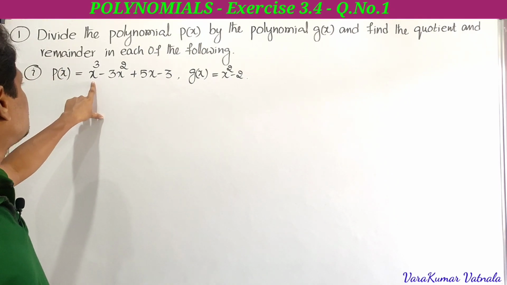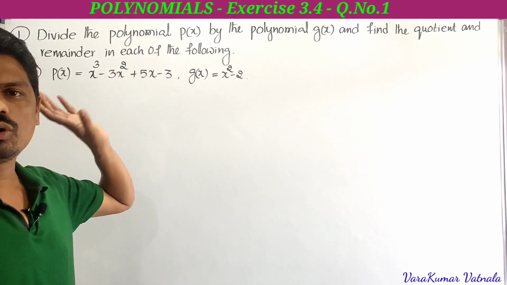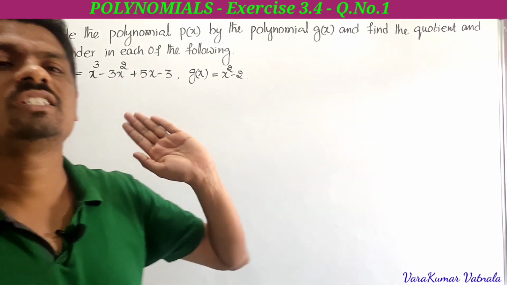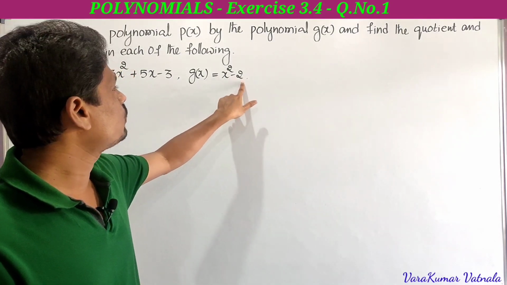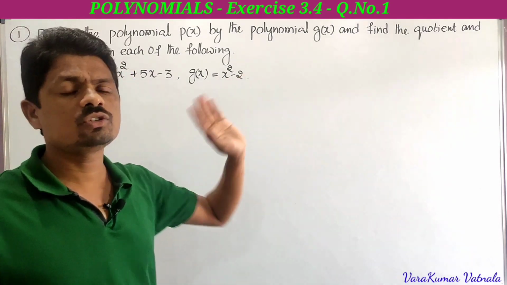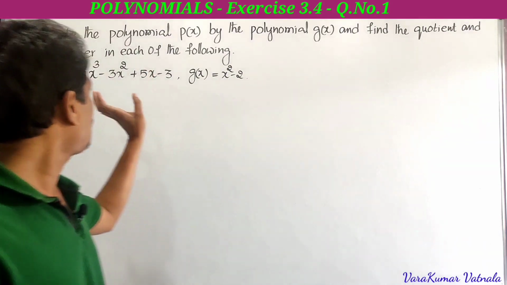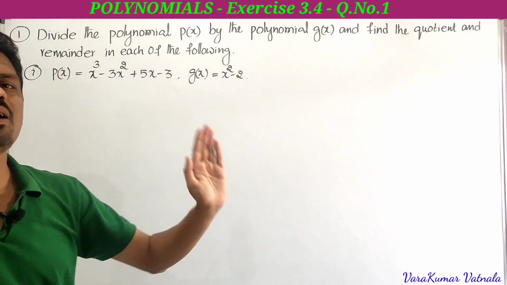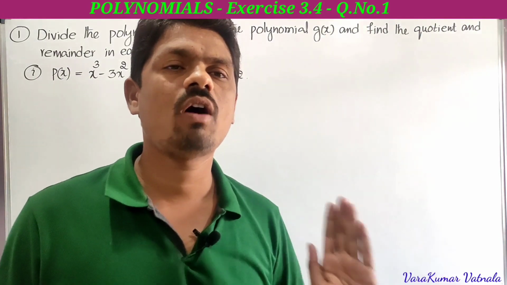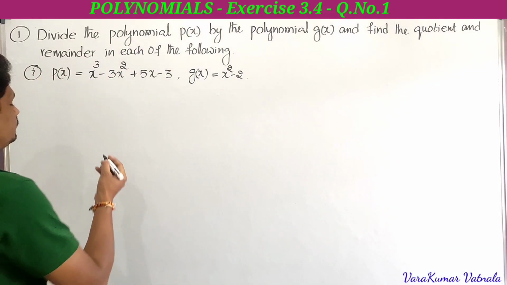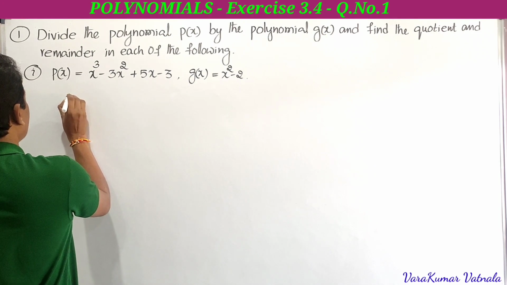Here the powers of the variable are 3, 2, 1, 0. Yes, p of x is in standard form. Next, g of x is equal to x square minus 2, powers 2, 0. There is no x term, but it is in decreasing order, 2, 0. So the polynomials p of x and g of x are in standard form.